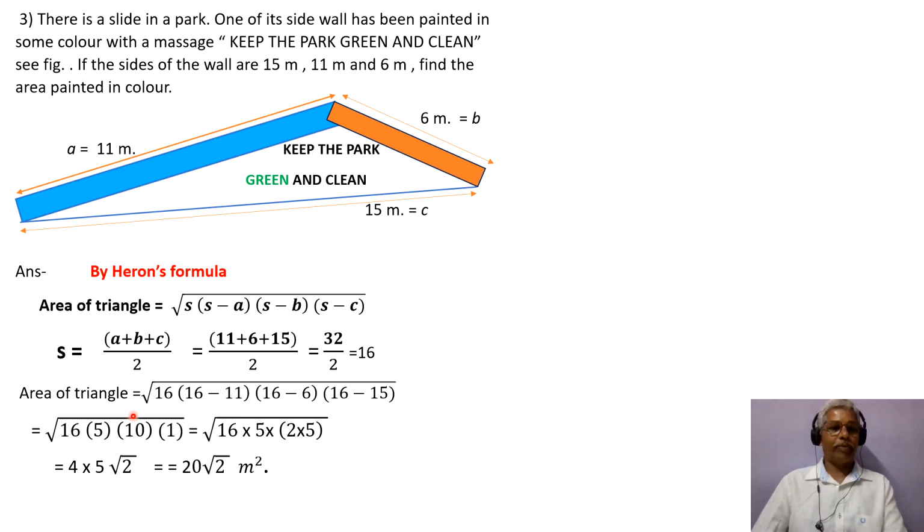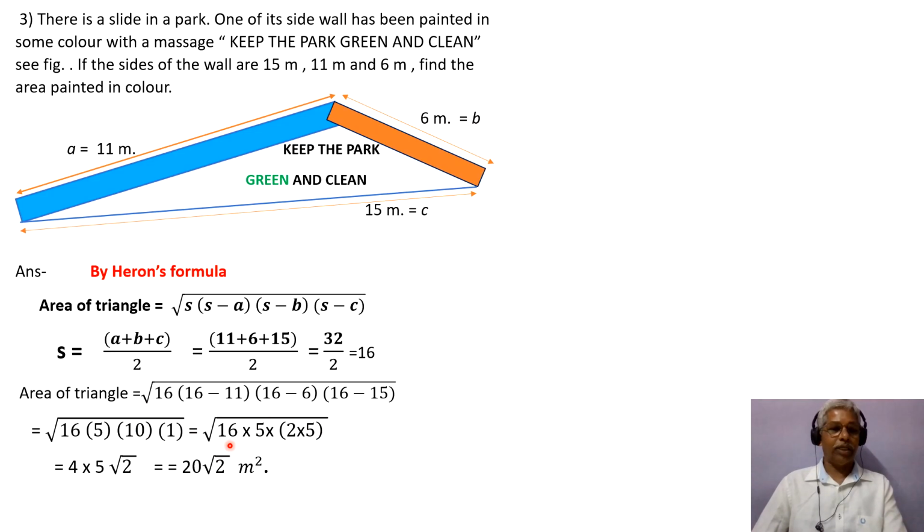Substitute. Area of the triangle equals root of 16 into 16 minus 11 into 16 minus 6 into 16 minus 15. So that equals, this is 16, this is 5, this is 10, and this is 1. Now split this 10 as 2 into 5, so that it becomes very easy to take this 5 out.